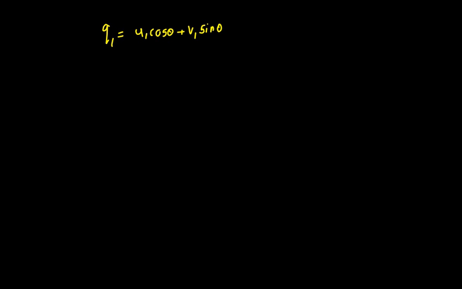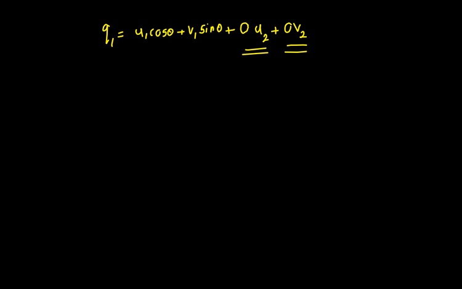I'm just trying to tell you how you write it in matrix form. Plus 0 into U2, plus 0 into V2. I'm just trying to include U2 and V2 here, because for the second equation, you actually have U2 and V2.